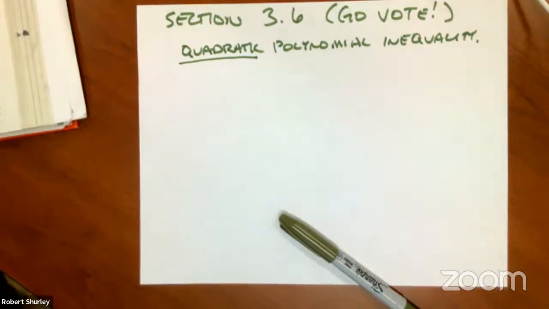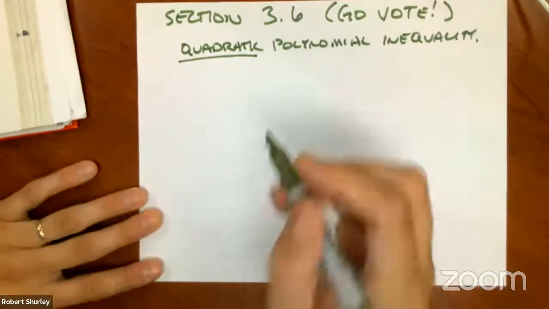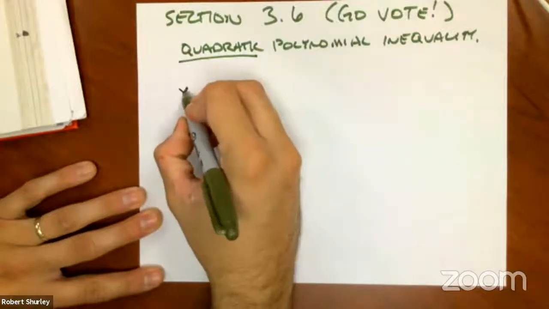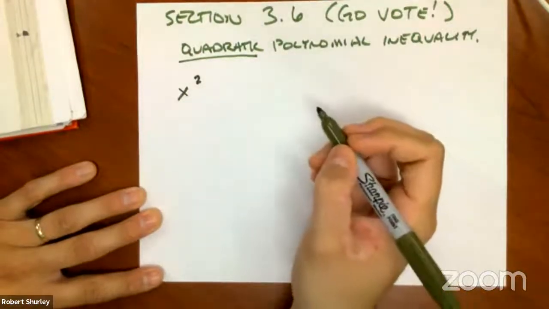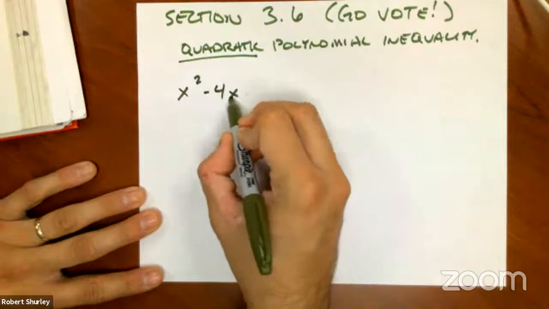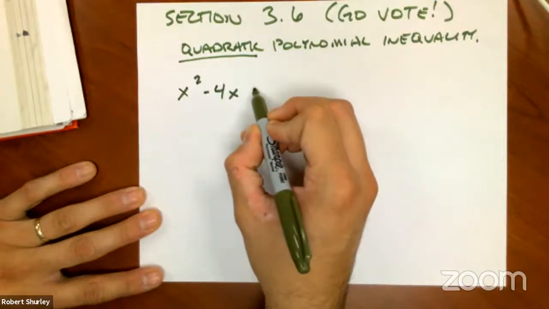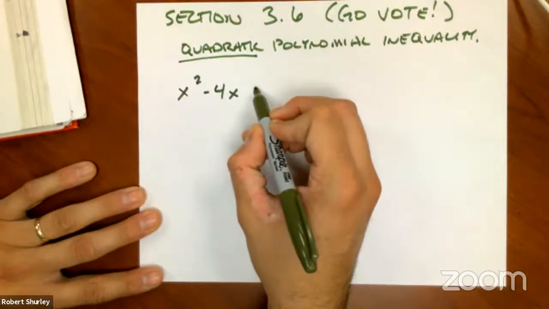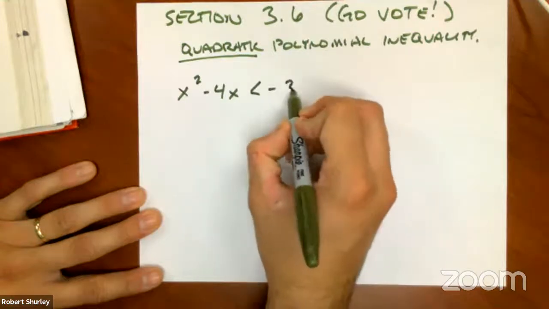Okay, so I'm going to start with an example and kind of go from there to show you what I'm talking about. This is number 6 in the homework. Actually, I'm going to change it up just a little bit. X squared minus 4x, let's say, is less than -3.